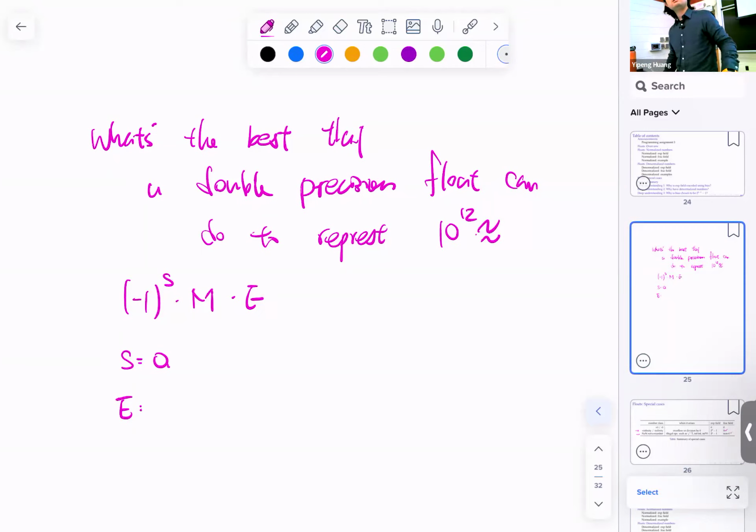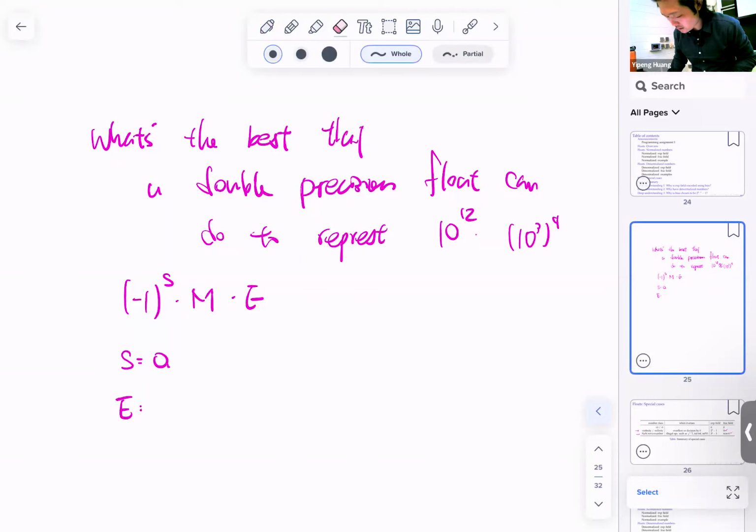What's the trick here? What's 10 to the 12 close to? How many thousands is 10 to the 12? So it's 10 to the 3rd to the 4th. That makes sense? And what's the trick for 10 to the third?